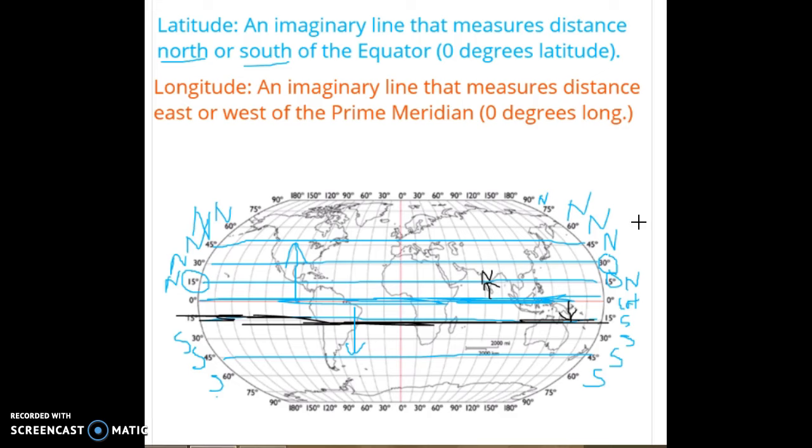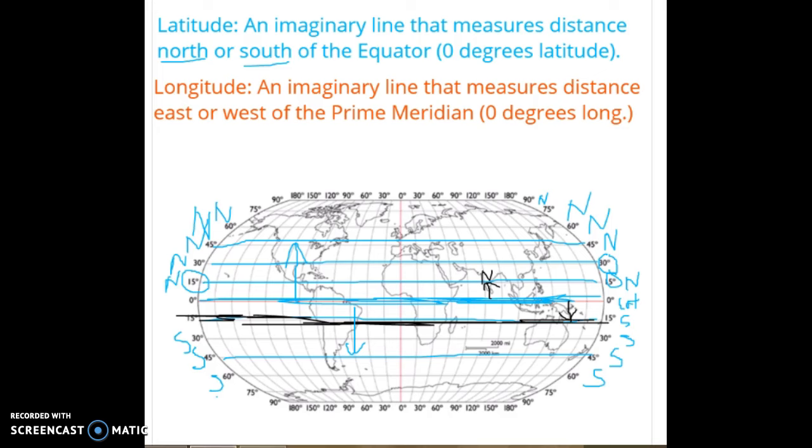The whole point of a compass rose, or knowing north, east, south, west, is just to know where is true north in the world. Like where's the North Pole? Where is north? And now we're going to use those cardinal directions in order to figure out latitude and longitude in order to figure out distance. This is all about distance. Orientation and a compass rose is just where is north.